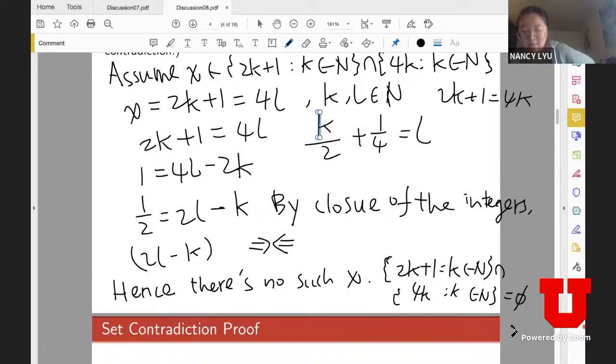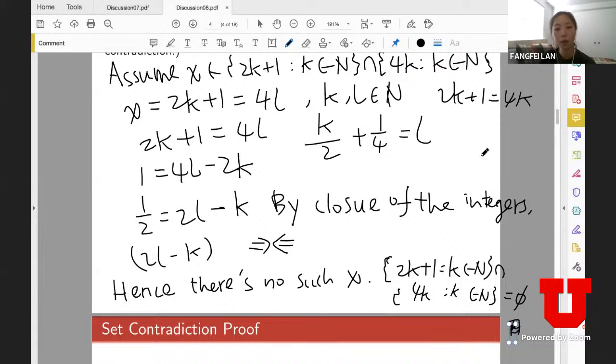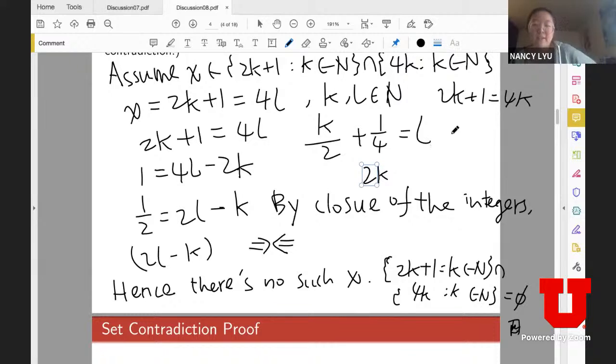And we're done. We can also complete the proof with the divide-by-4 one too. If you put 4 as the denominator, you have 2k plus 1 in the numerator, so it's 2k plus 1 over 4 on the left side, and that is equal to L. Oh, okay, I see what you mean.